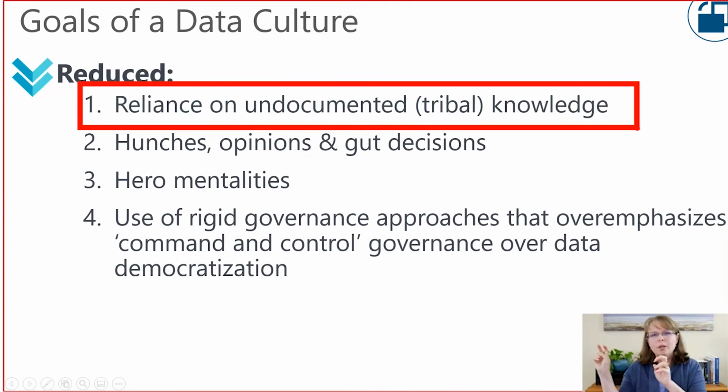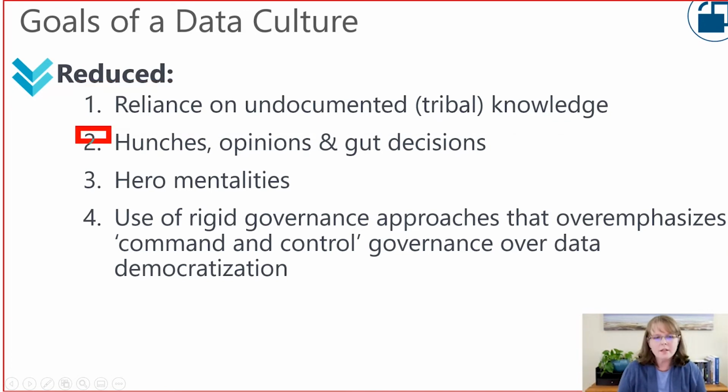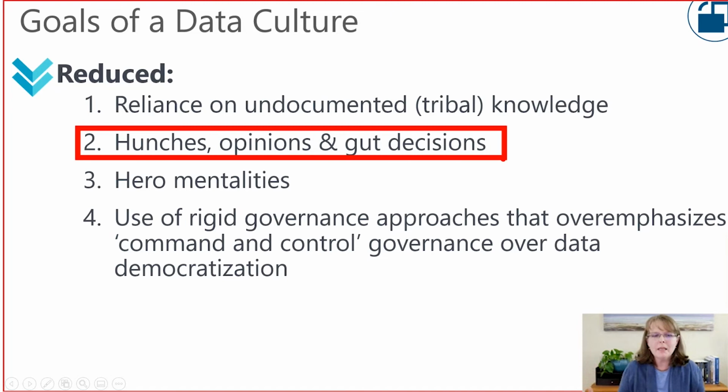If Joe is the only person who knows how to do this one thing, that's risk for the organization if Joe transfers, retires, etc. We also want this idea of being data-driven to mean we're going to rely less on hunches and opinions and guts. It's still there. It will always be there. We're humans, but data-informed decisions make for a more mature organization, and you can't make data-informed decisions unless we're actually using the data.